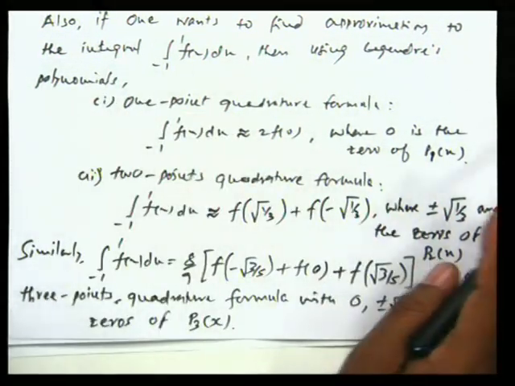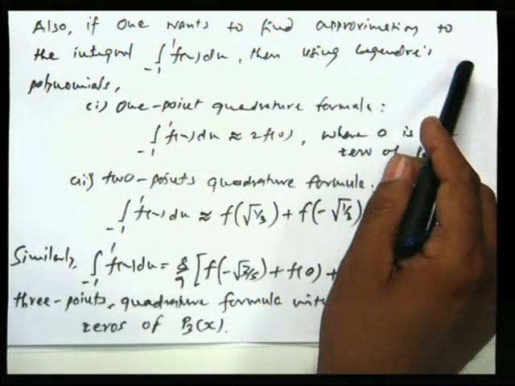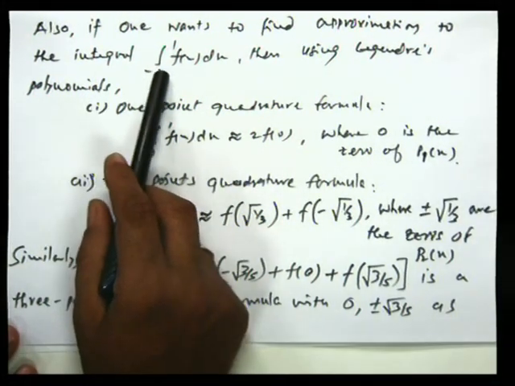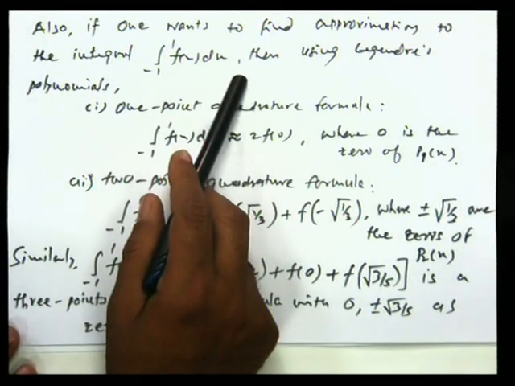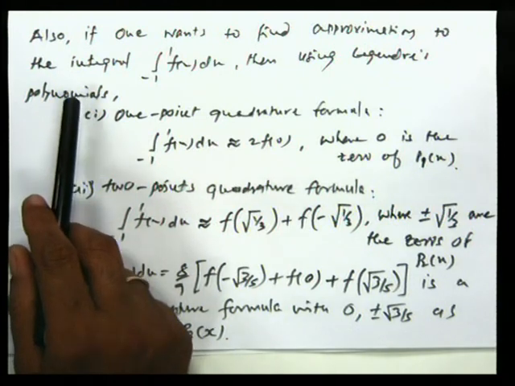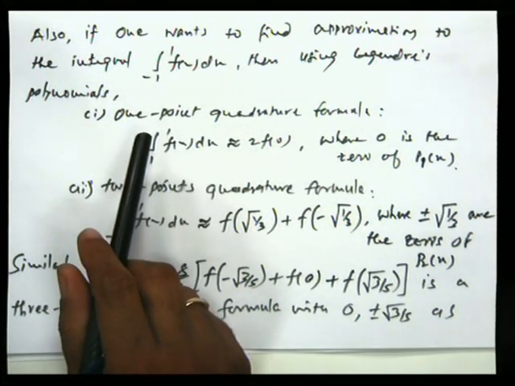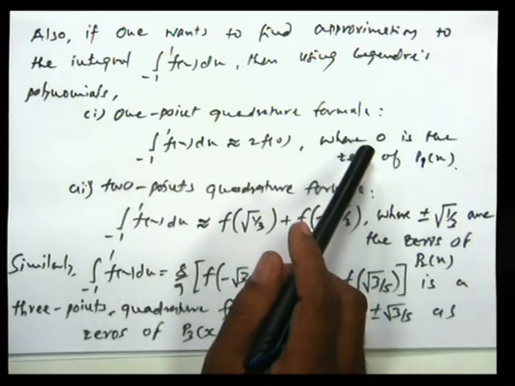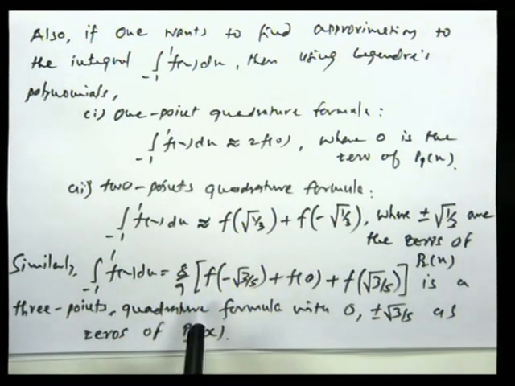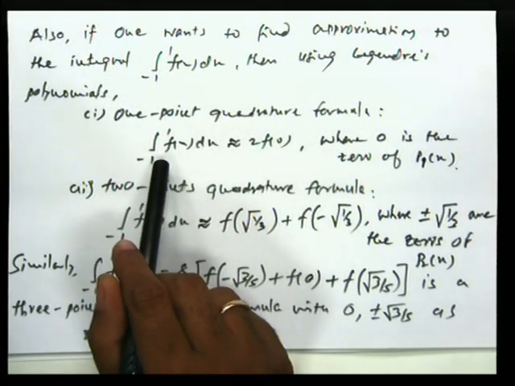Also, if one wants to find an approximation to the integral from minus 1 to 1 of f(x) dx, then using Legendre polynomials we can have different formulas called quadrature formulas. We can name them the 1 point quadrature formula, 2 point quadrature formula, 3 point quadrature formula. How can we find the 1 point quadrature formula?